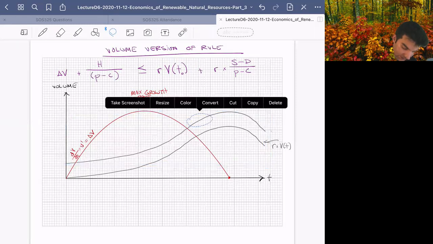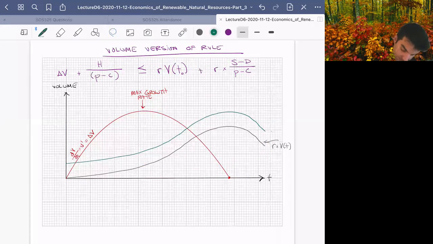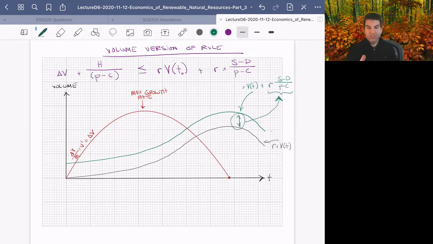So this here is RVT plus RS minus D over P minus C. So basically this distance here, that is this thing. It's just been shifted up by that much.